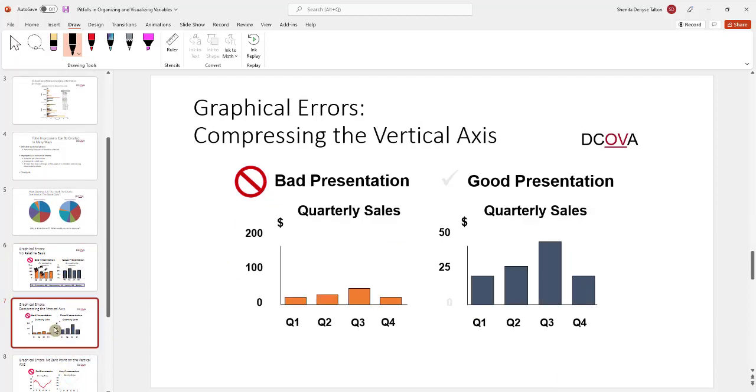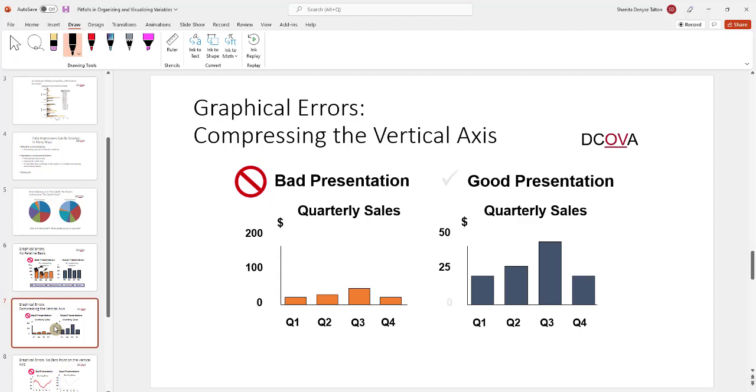Another way you can have data that does not tell the whole story is by compressing the vertical axis. So if you look on the left hand side, this vertical axis goes from 0 and it jumps to 100. And so these bars are kind of low. You really can't get a good feel of what the percentages would be or the amount. This is sales.